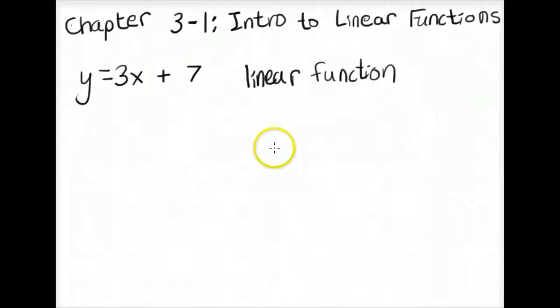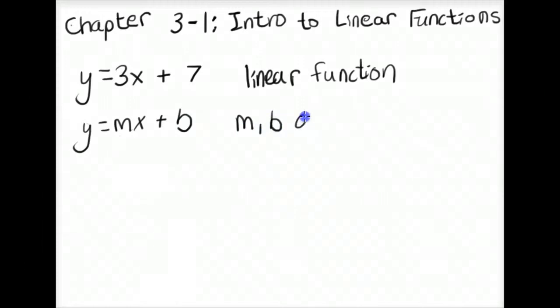So basically, a linear function is a function whose general equation is going to be y equals mx plus b, where m and b are constants, but m cannot equal 0.